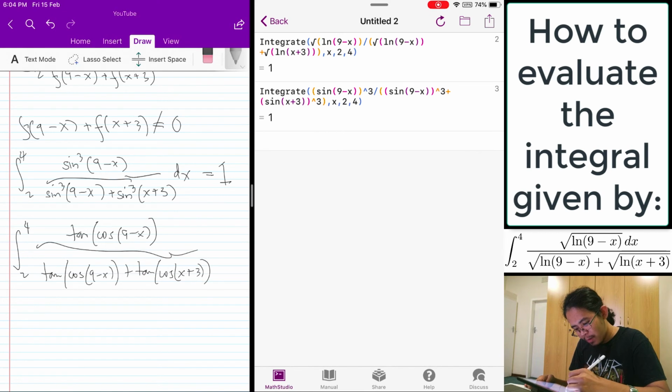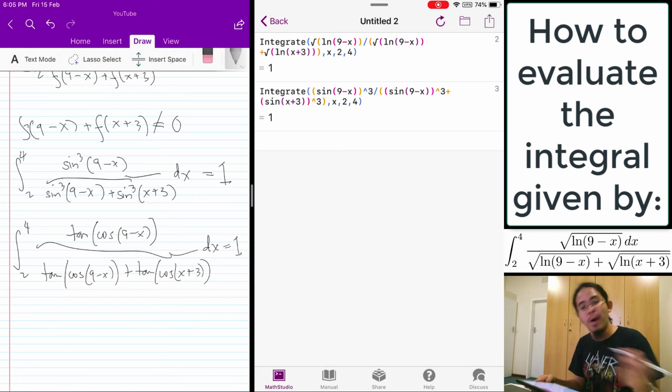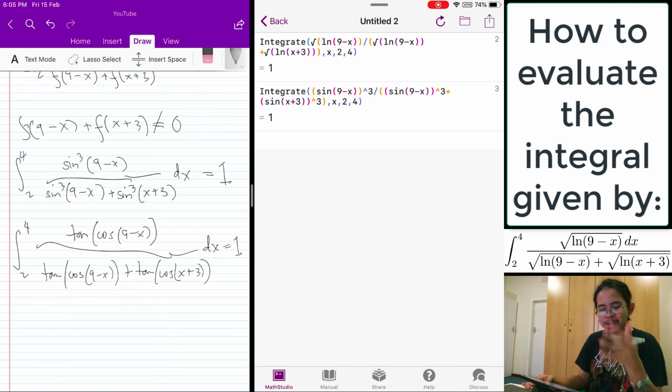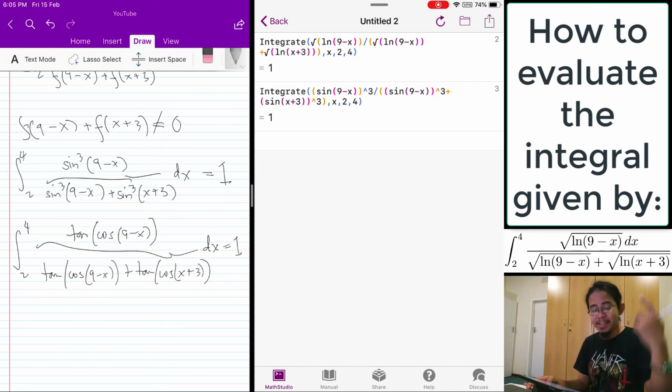This is still equal to 1. What you do is the same technique as above. You let x be equal to 6 minus y, and you get an integral that is exactly the original integral but with a y variable. You change that dummy variable to x, add the two of them, cancel the numerator and the denominator, and it gives you a value of 1.